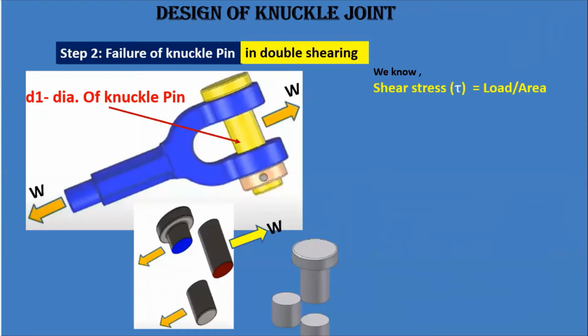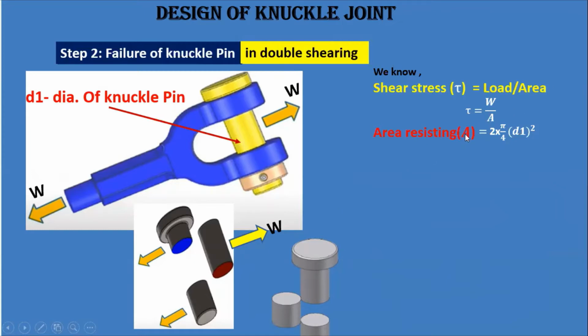Now we have seen that the shear stress, tau, is equal to load upon area. We can see now how the resisting area is. So students, here when I'm taking the pin, we know that the failure has taken place at 2 positions, right?